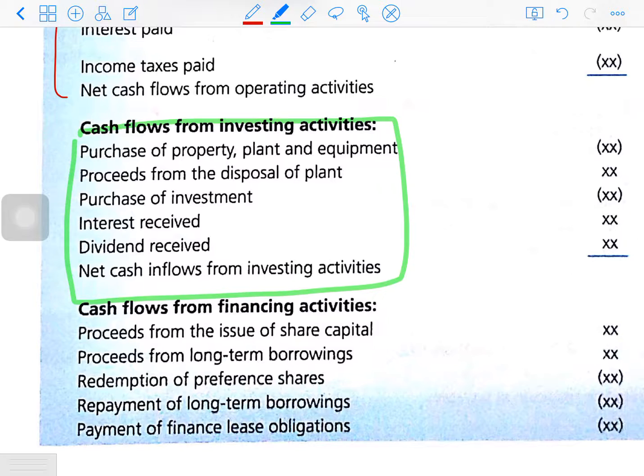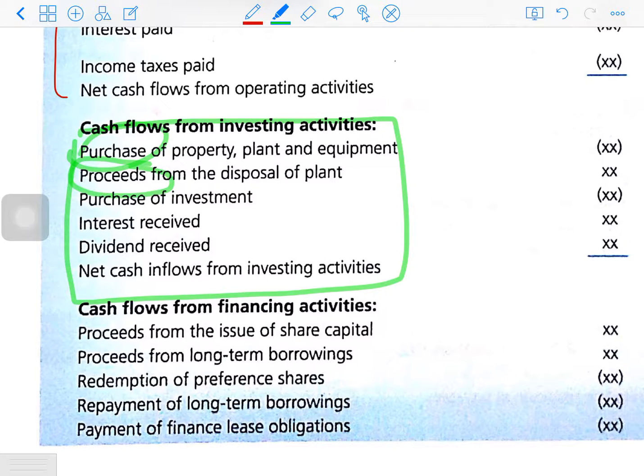Okay, property, plant and equipment, which is cash flows from investing activities from sale and purchase of property, plant and equipment. If you have money coming in, it would be proceeds from the disposal of the plant or property, plant and equipment. Purchase is money going out. Proceeds is normally money coming in, or receiving money.